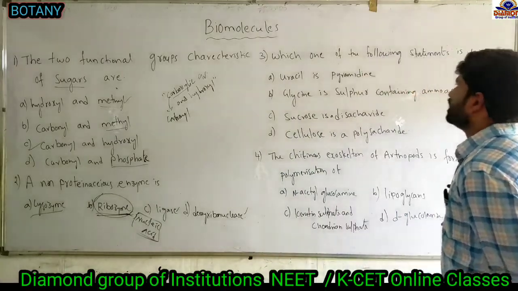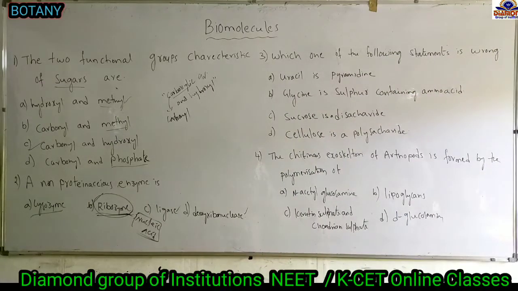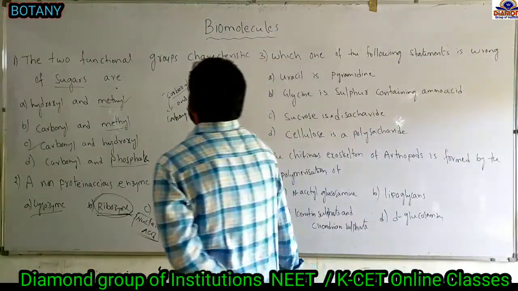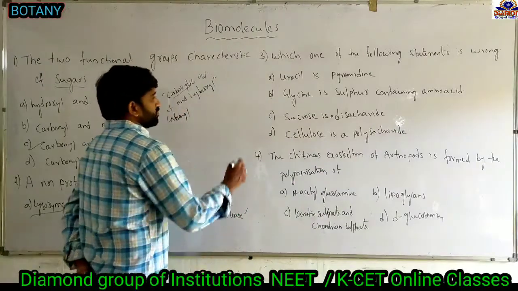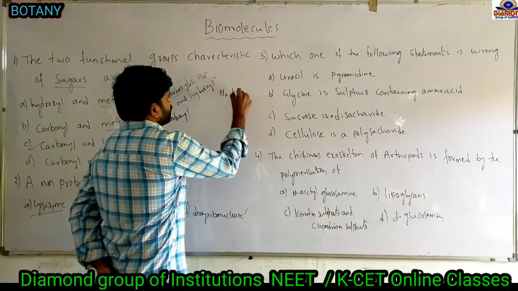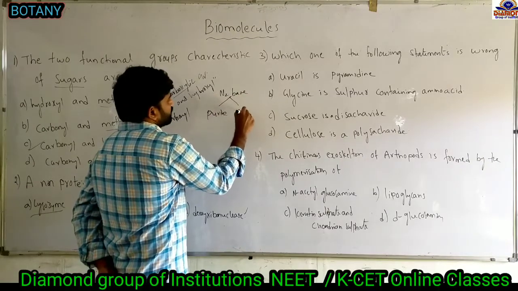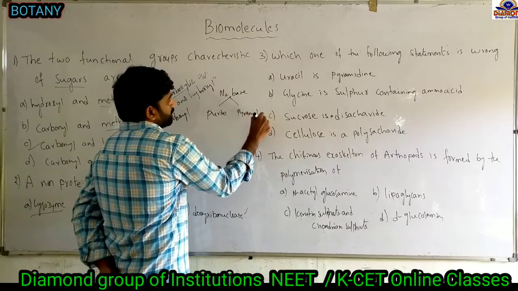And the next question: which one of the following statements is wrong? Option A, uracil is a pyrimidine. Nitrogen bases are classified into purines and pyrimidines.